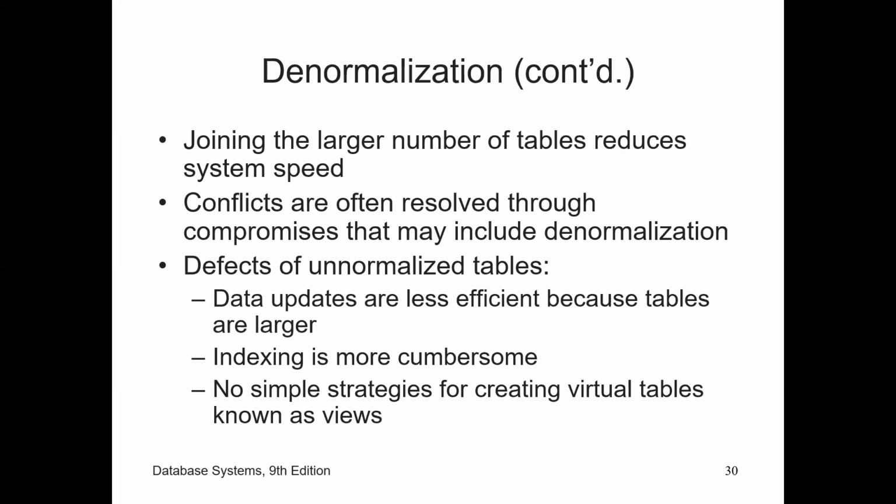Most relational database systems are able to handle joins very efficiently. However, rare and occasional circumstances may allow some degree of denormalization, so processing speed can be increased.